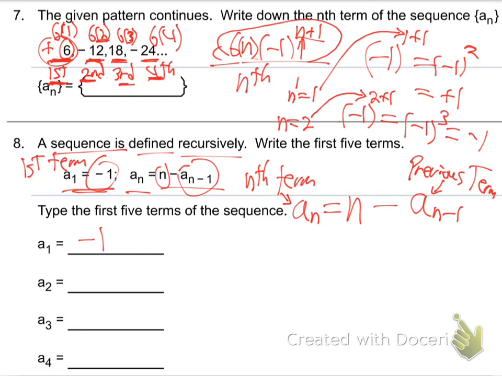So what's A sub 2? What does the formula say? Any term is n, the term number, minus the previous term. So 2 minus the previous term, negative 1.